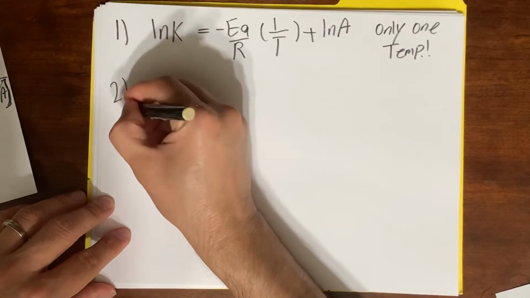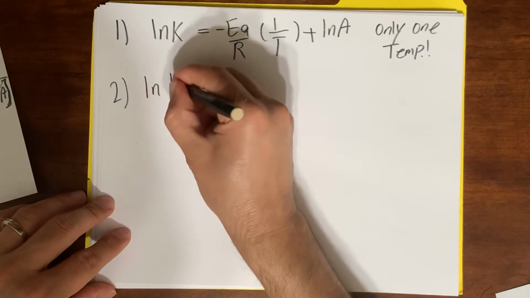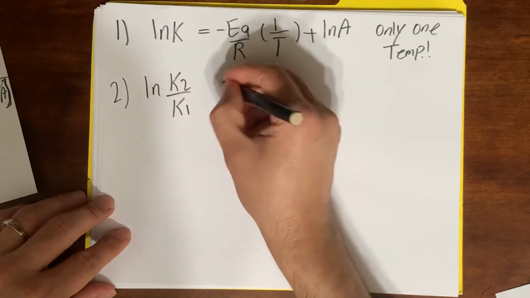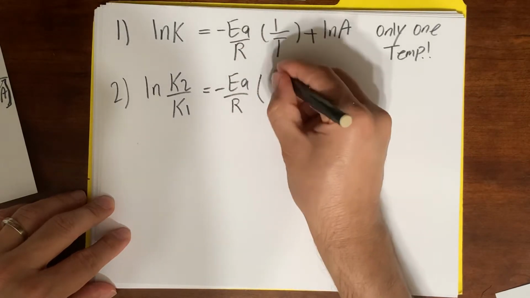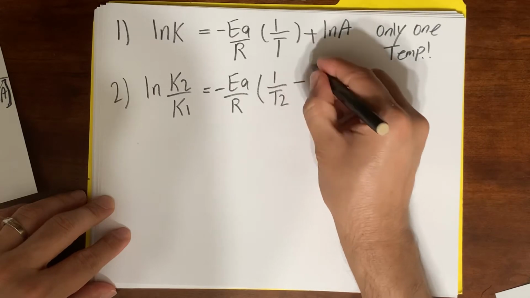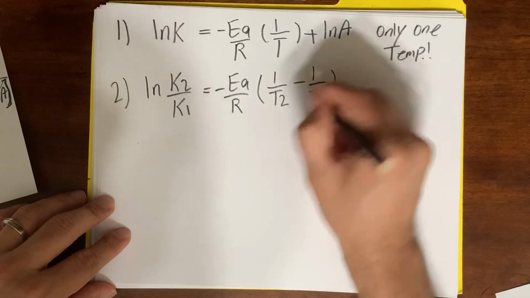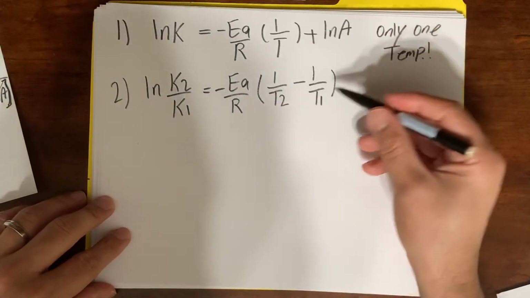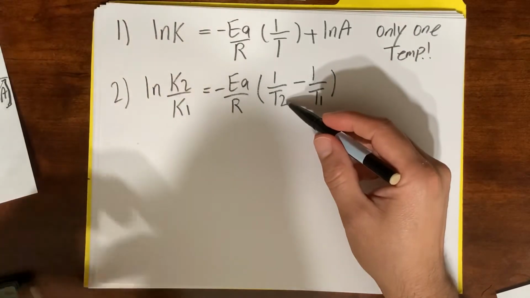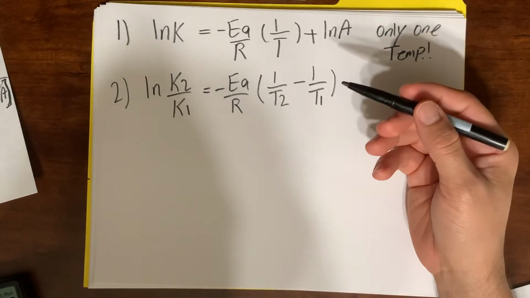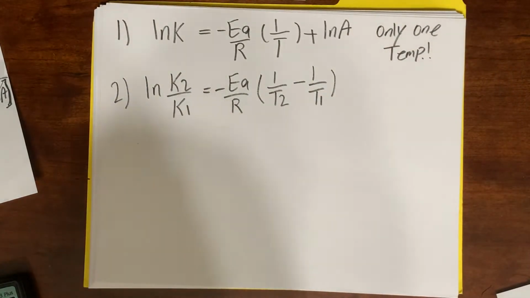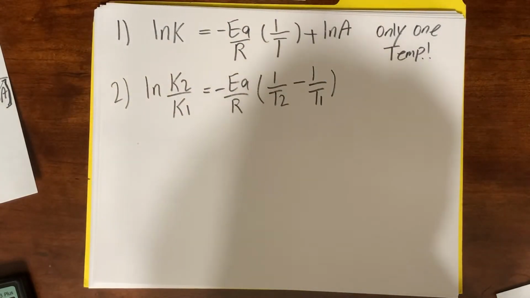The second formula will be ln of K2 over K1 equals minus EA over R times (1 over T2 minus 1 over T1). We have two temperatures. Because we have two temperatures, we're going to have two Ks, two rate constants. So we should be able to calculate the activation energy of any specific reaction by having two temperatures and two rate constants.